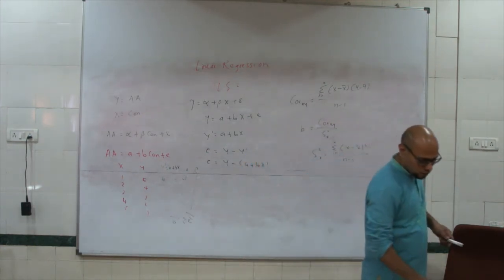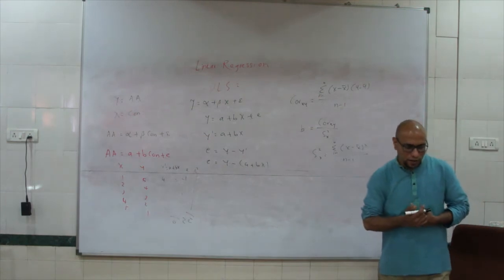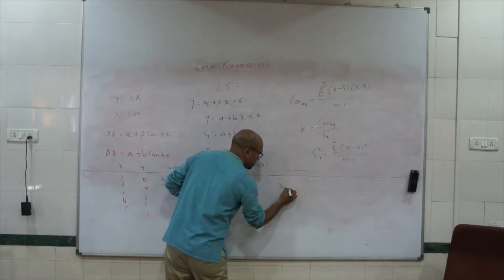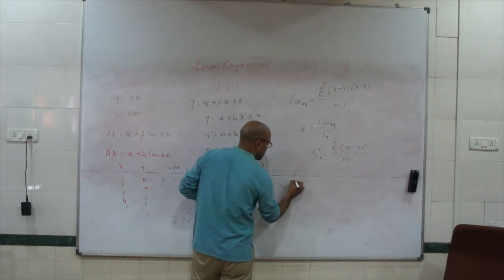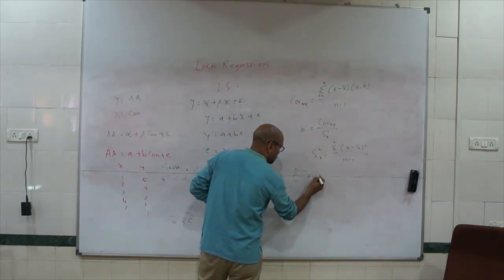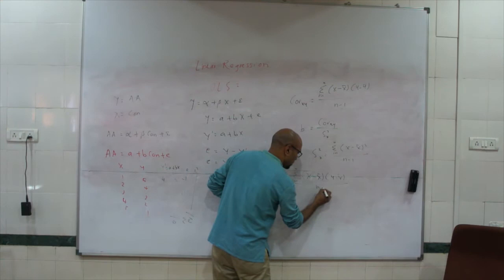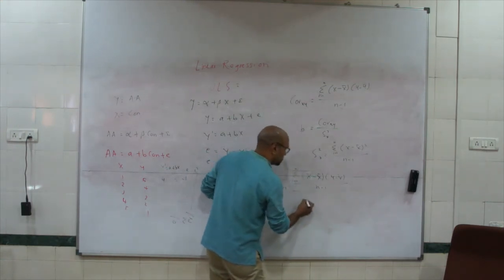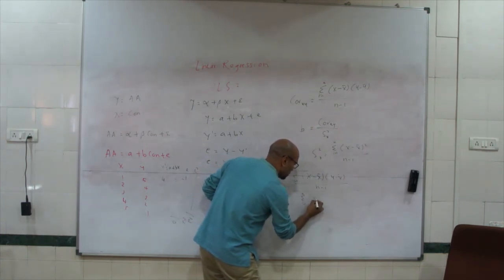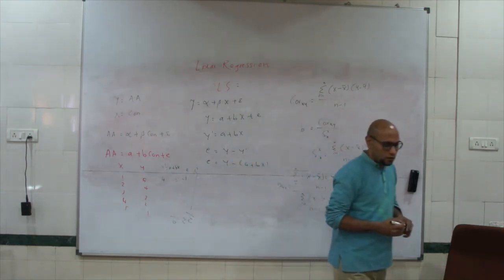If I have to write everything as one formula, I can write b yx is equal to summation i is equal to 1 to n (x minus x bar)(y minus y bar) upon n minus 1, upon summation i is equal to 1 to n (x minus x bar) squared upon n minus 1.